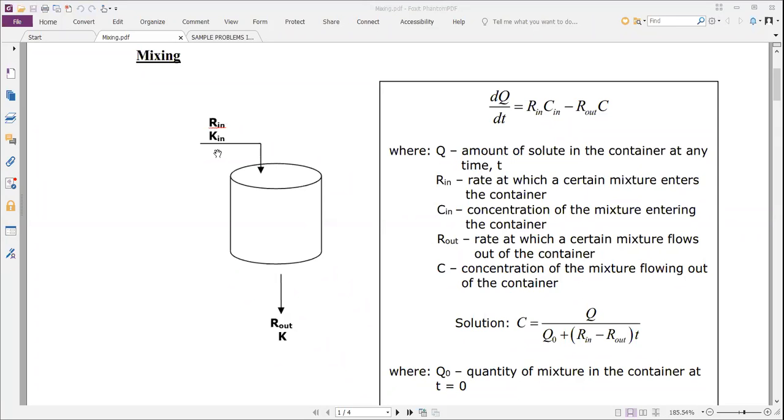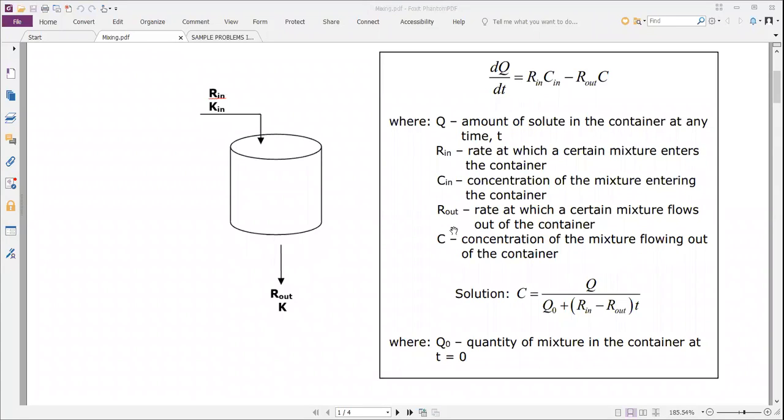That's the K sub in in our illustration. The R sub out is the rate at which a certain mixture flows out of the container. And C, the concentration of the mixture flowing out of the container, or the concentration of the mixture inside the tank, is the same concentration as the fluid leaving the tank.